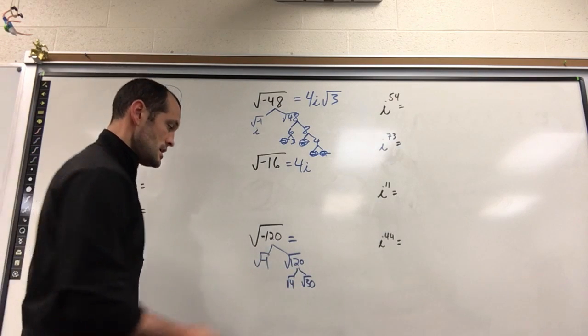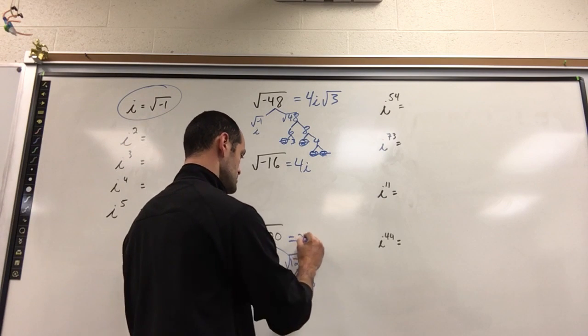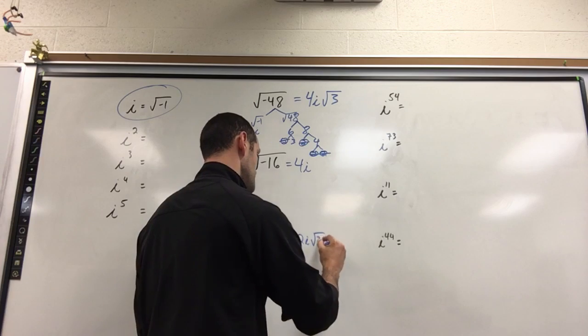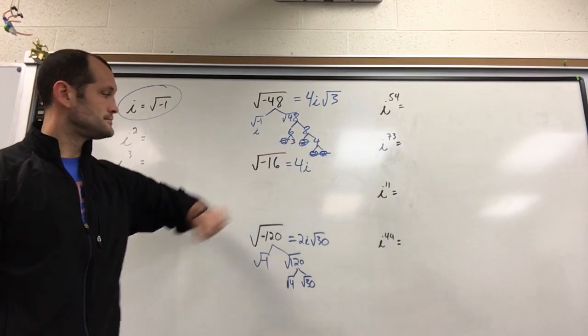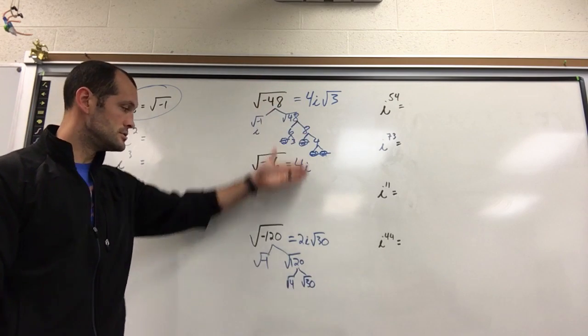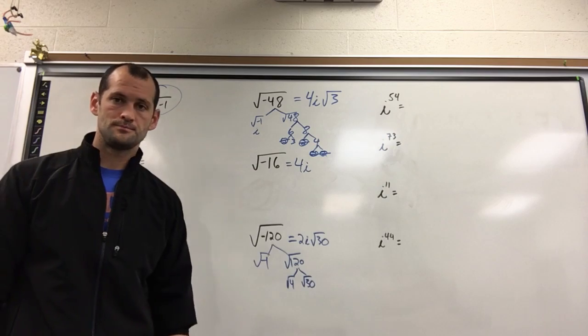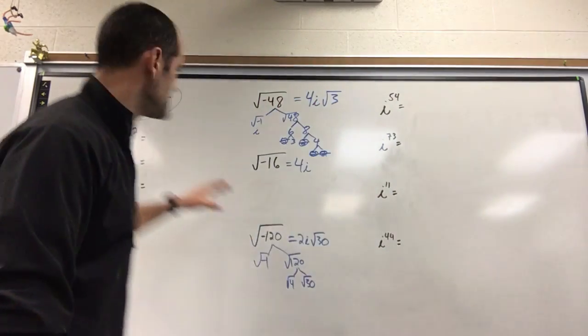There's no perfect squares. So I can say square root of -1 is I, square root of 4 is 2, so I'll get 2i and 30 left inside. So whether you do the factor tree, perfect square, or look for highest perfect square, you can use I to evaluate any negative radical.